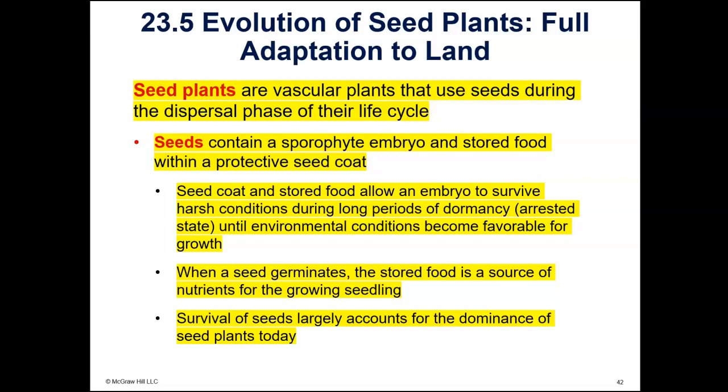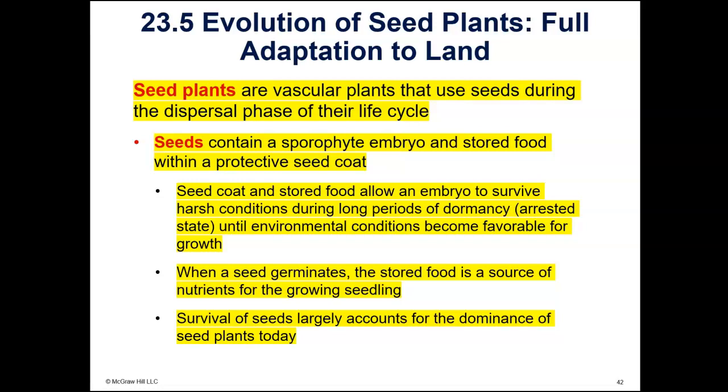The seeds contain a sporophyte embryo, which means that once the embryo begins to grow or germinate, it will grow into the sporophyte generation of the plant.